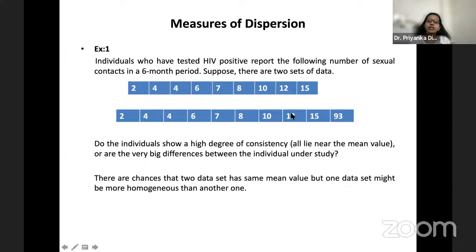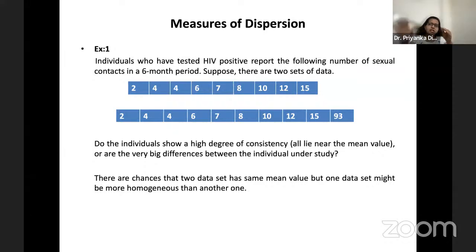Okay. What is the upper limit? If you look at the first data set, how much is the range? 15 minus 2, that is 13. How much is the range in the second data set? 93 minus 2, that is 91. So range will tell us in which data set we have heterogeneity and in which data set we have homogeneity.